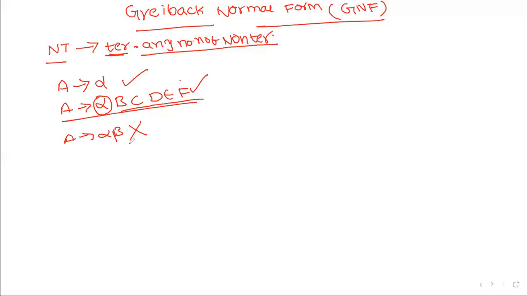Now we will discuss the procedure of how to convert the given grammar into GNF. If you want to convert the grammar into GNF, the first step is to eliminate null productions and unit productions.